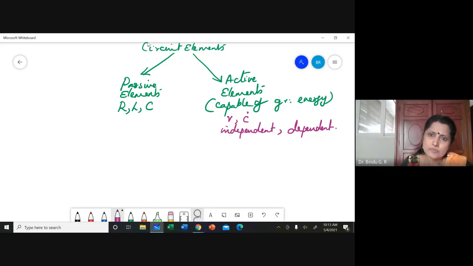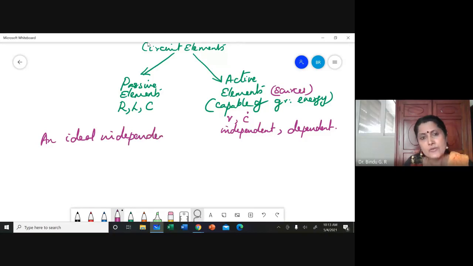So by active element, usually what I mean is sources. An ideal independent source. That is the active element. I am speaking about the active elements.